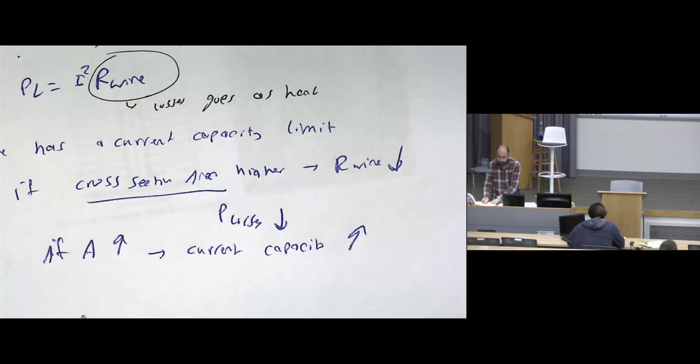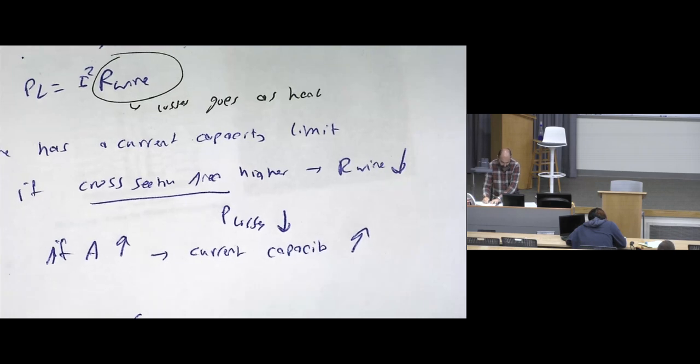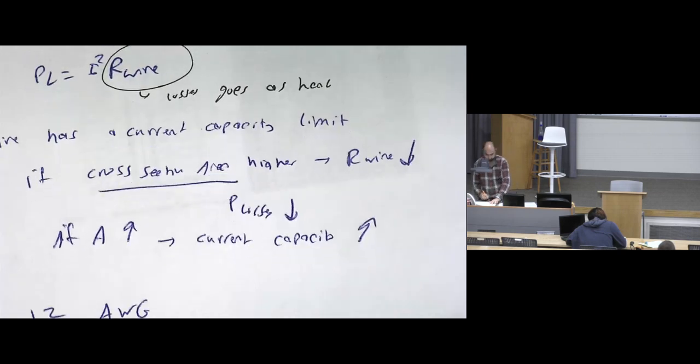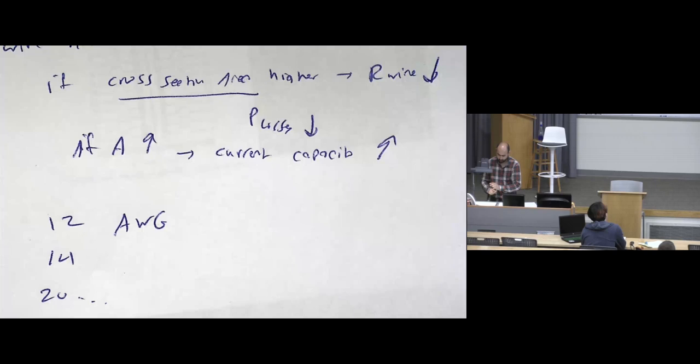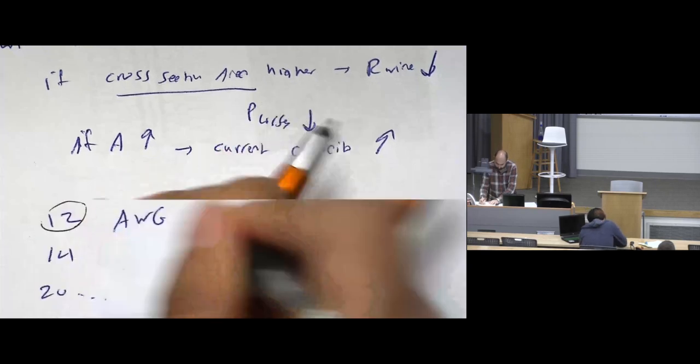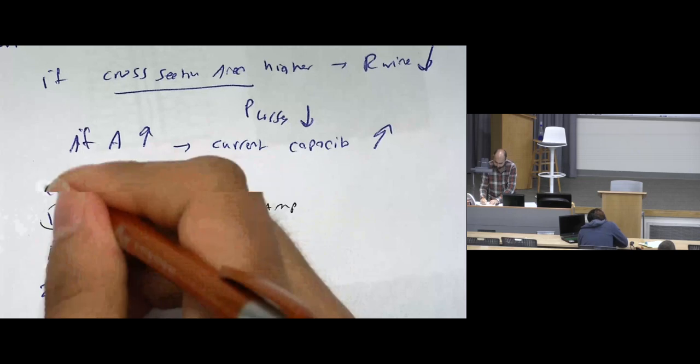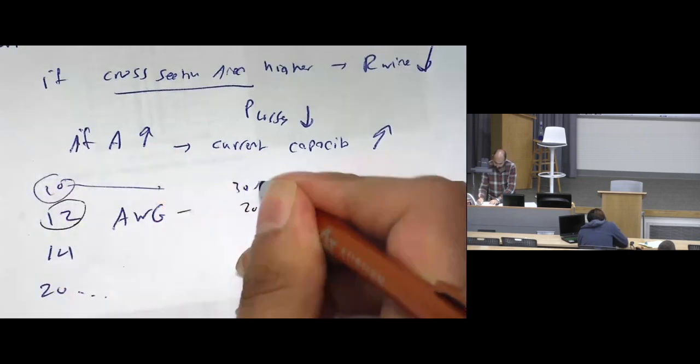According to the standards in electrical engineering, we have something we call AWG, depending on the wire standards. For example, AWG 12, AWG 14, AWG 20, and so on. AWG 12 can handle 20 amperes. AWG 10 can handle 30 amperes.